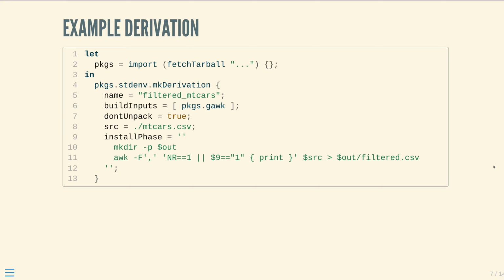This will install Gawk and make the awk tool available to you in your environment, and you will be able to process the CSV file. This is a derivation that will always work exactly the same way on any operating system and on any environment that you run it.